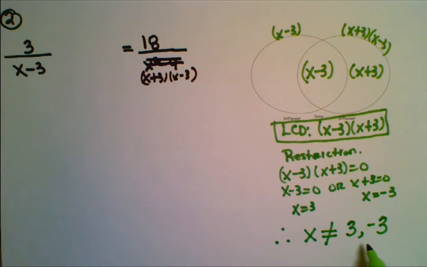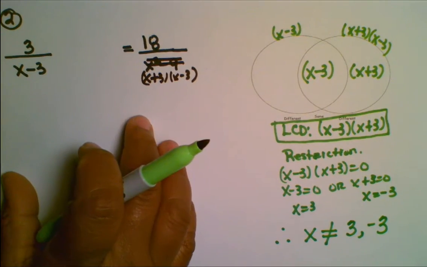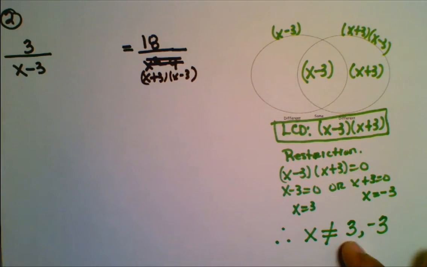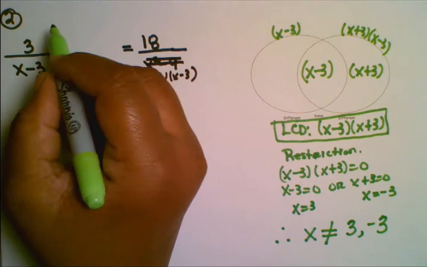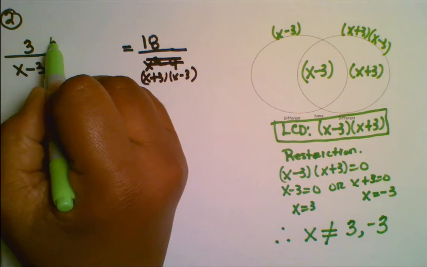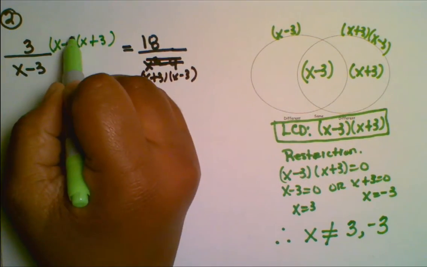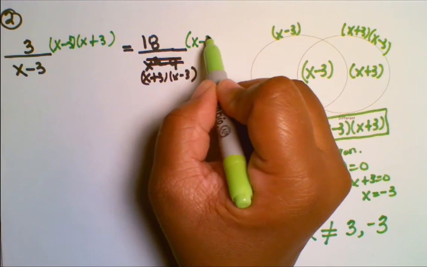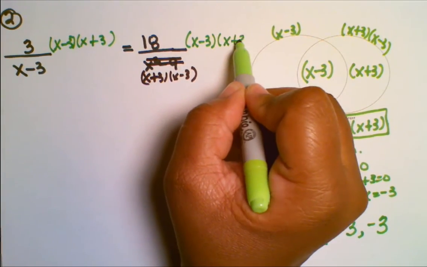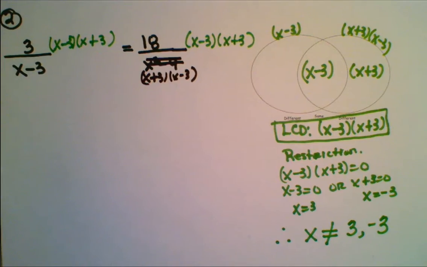So when we solve this equation, we don't want to have 3 and negative 3 as a solution. But if we do, I'll show you what we have to do. We're going to take the LCD, multiply it to each term, and then we're going to reduce.